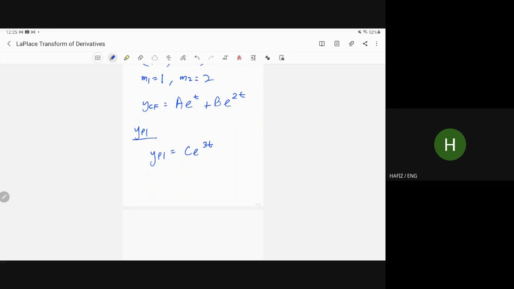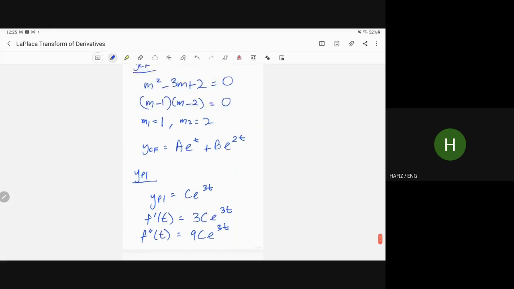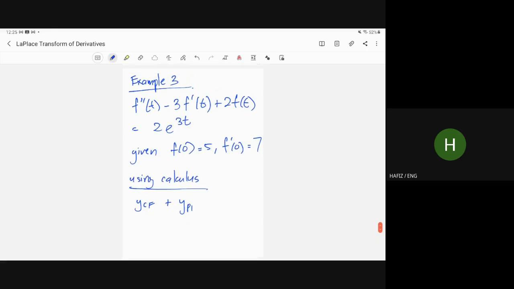That means our f'(t) will be 3Ce^(3t). f''(t) is 9Ce^(3t). So you put this into the original equation, which is this one.